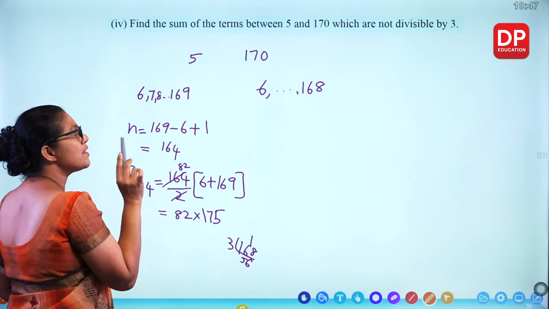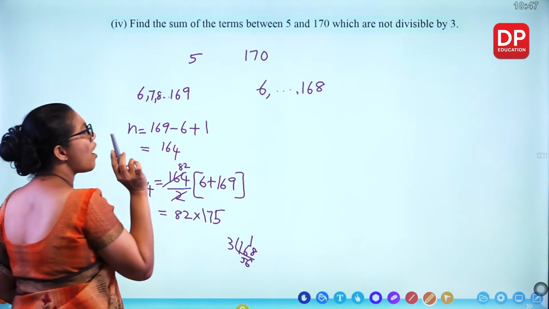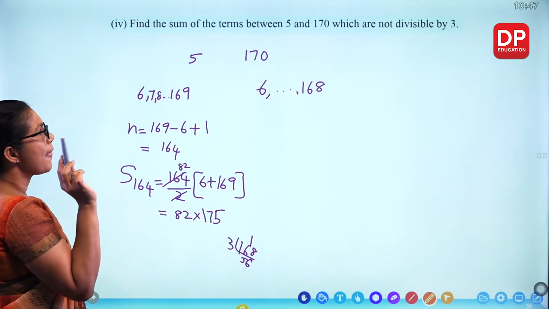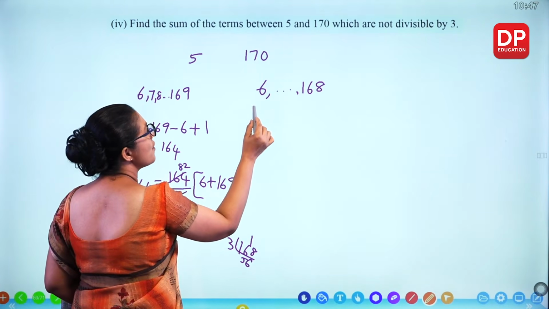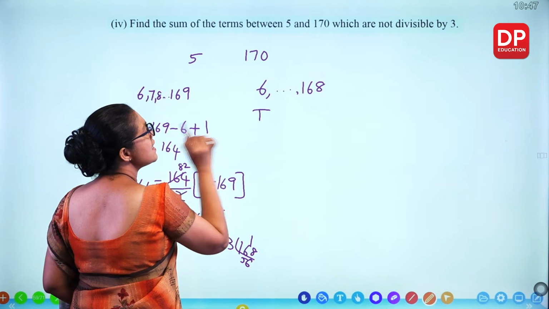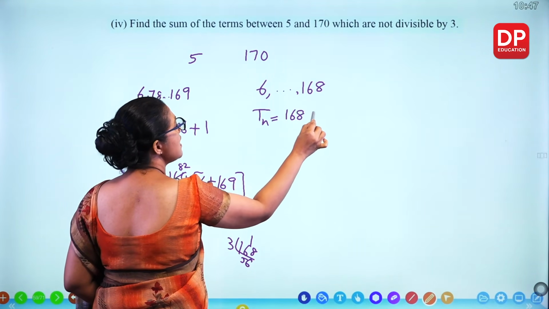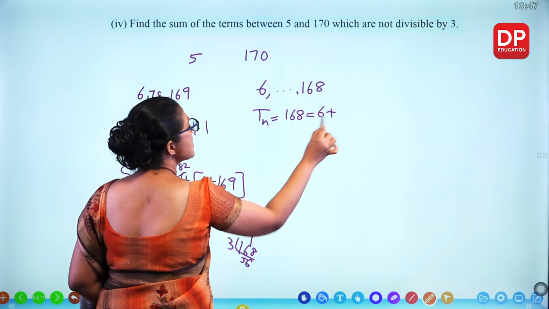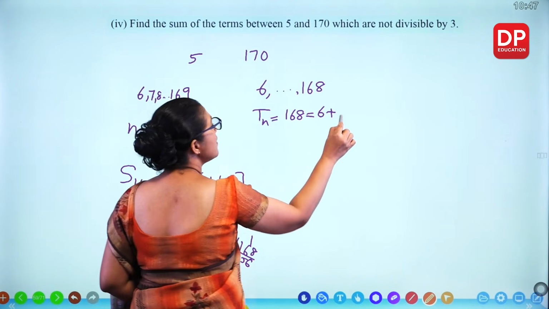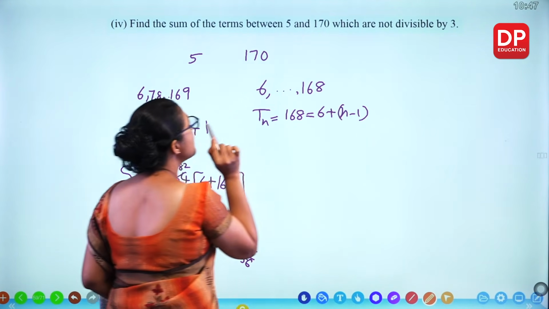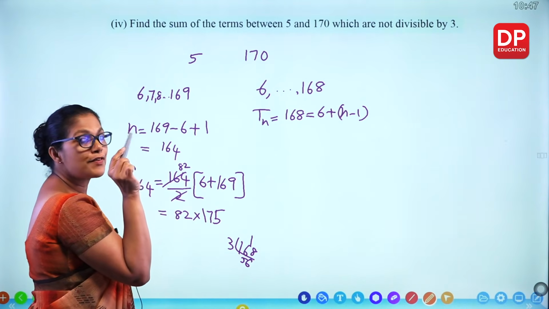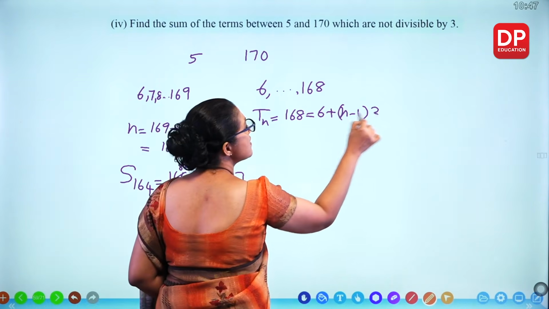Now we'll find the sum of these numbers. So how many numbers are there? First we need to find n using the Tn formula. Tn, that's 168 equals a plus (n minus 1) d. What's the difference? This is divisible by 3, meaning the difference is 3.